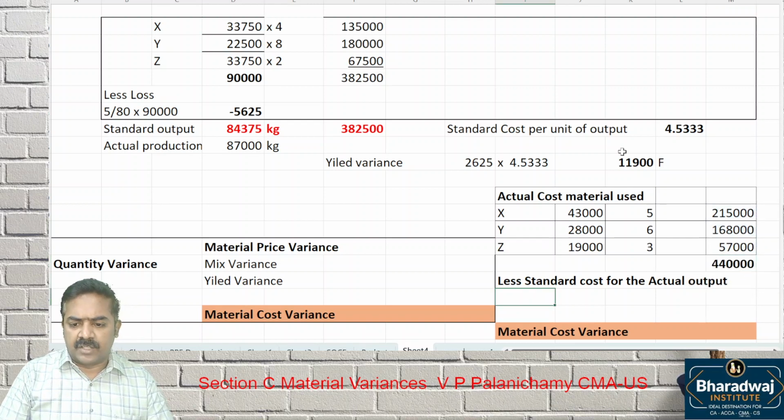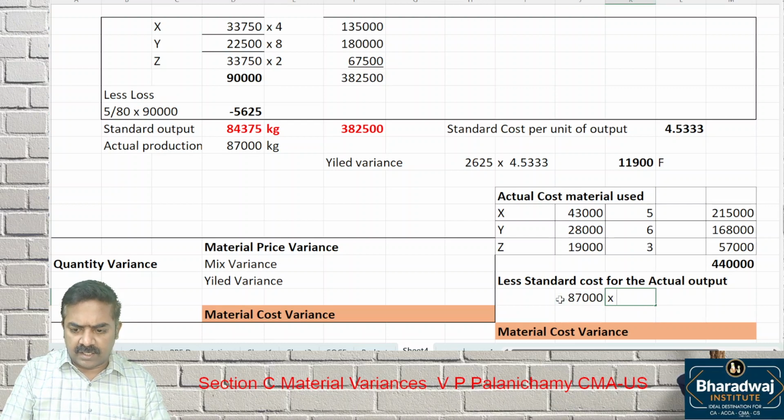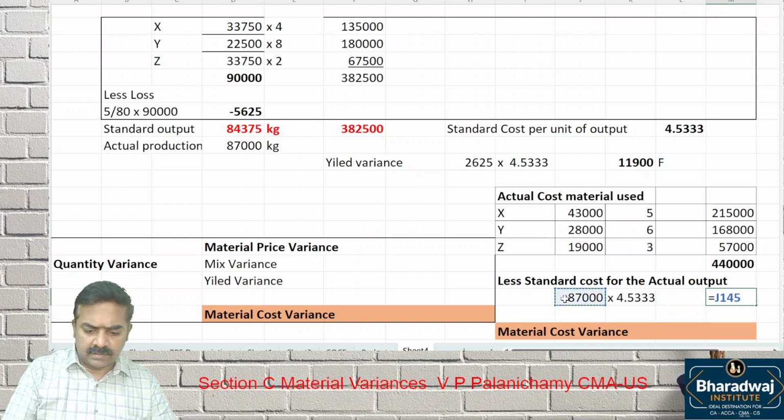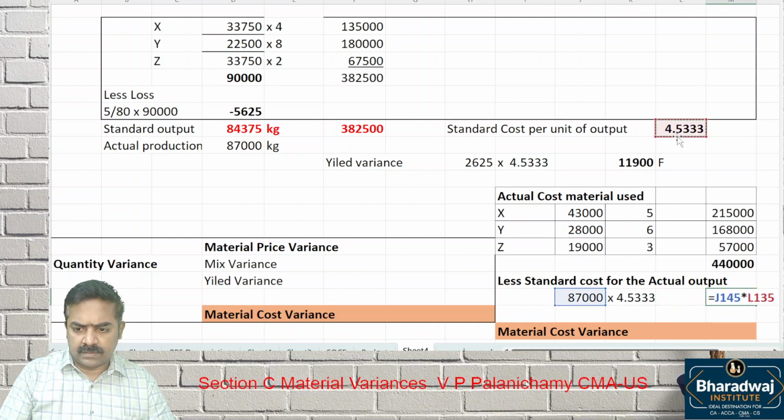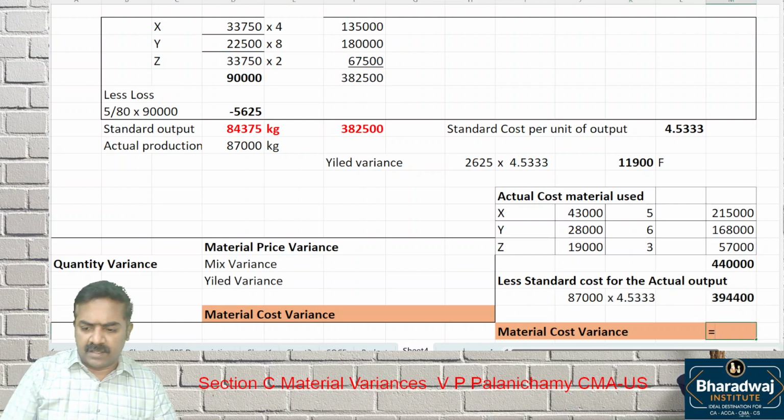Standard cost of actual output: the standard cost we worked out, and actual output we know. Actual output is 87,000 kg, that into the standard cost, 4.53333. This is what we spent. This is what is allowed. The difference we call material cost variance.